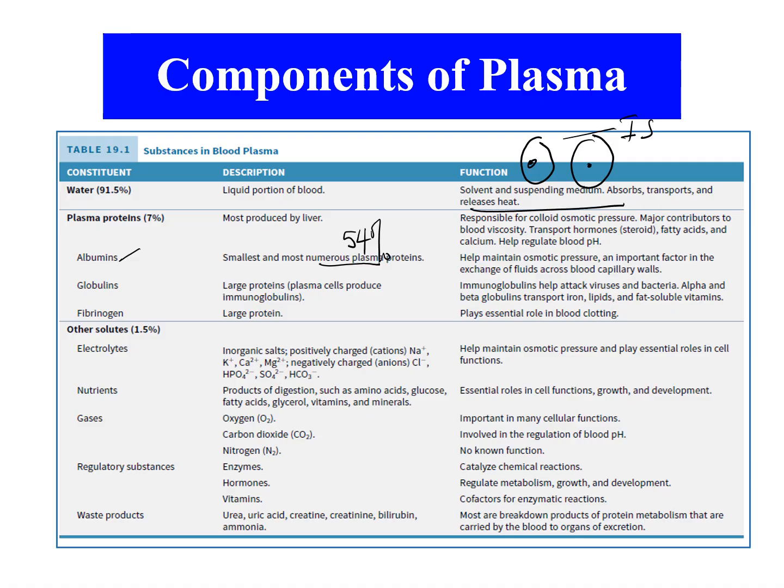And if this is our capillary, when blood is passing through this capillary, some of the fluid seeps out of the capillary and goes into this interstitial space, the space that is present in between the cells. So what albumin does is that it maintains what is known as osmotic pressure.